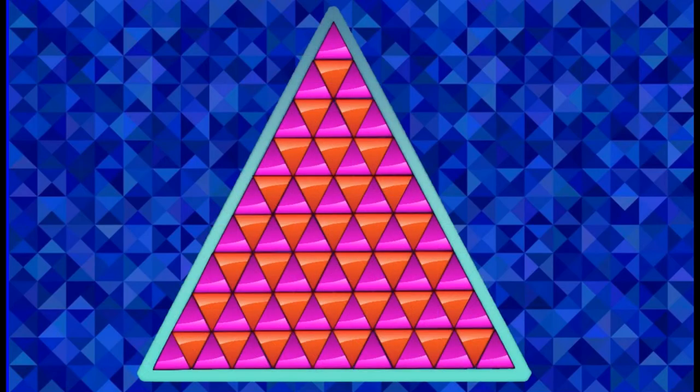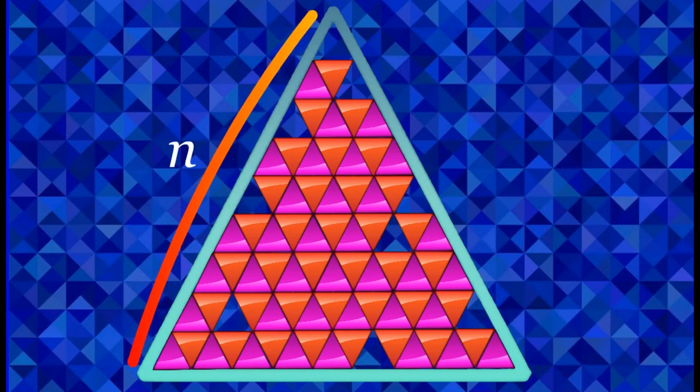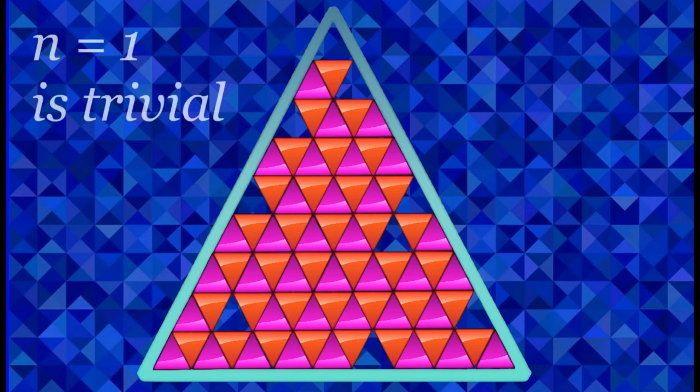Let us now return again to the necessity part of our proof. Again, we start with a Holey triangle T, where the set S of holes is spread out. Our proof is by induction on the size length n of our Holey triangle. The case n equals 1 is trivial.